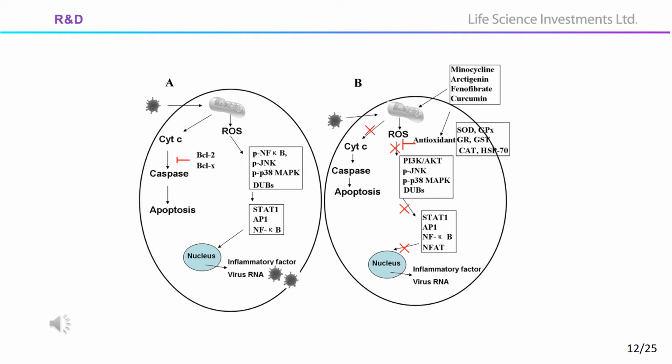And these free radicals will activate the pro-inflammatory cascade through the cytokines, and then this pro-inflammatory cascade will impact the nucleus and will permit the replication of the virus.